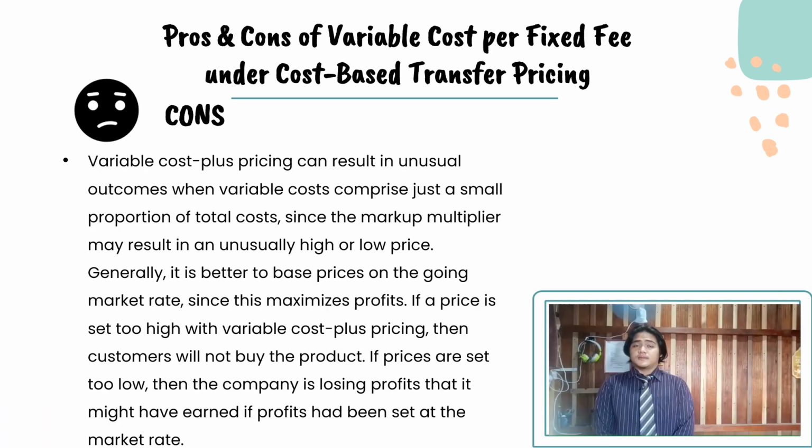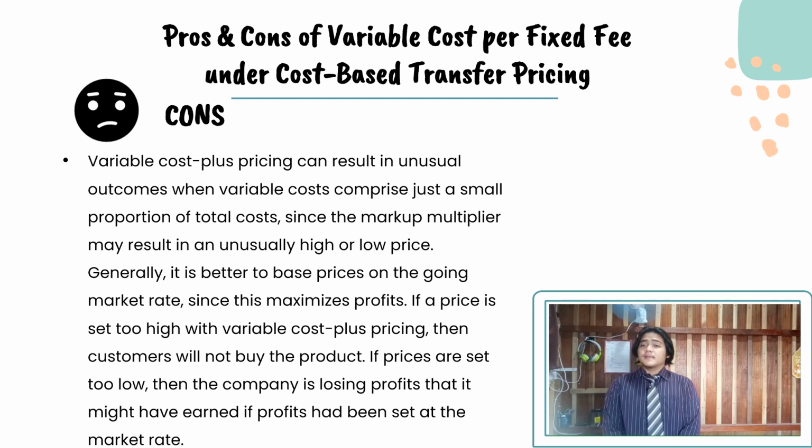Next, the cons. The con for variable plus pricing is it can result in unusual outcomes when variable costs comprise just a small proportion of total cost, since the markup multiplier may result in an unusually high or low price. Generally, it is better to base price on the going market rate, since this maximizes the profit.